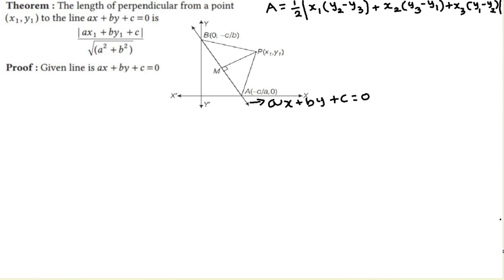Let's write the line in intercept form. So divide by minus c on both sides.